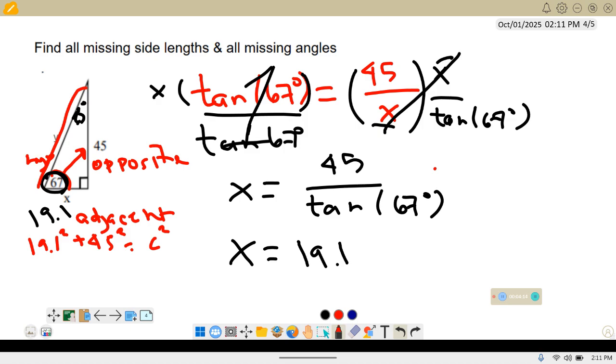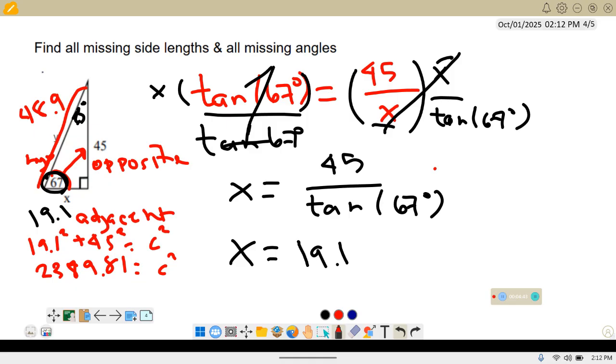So 19.1 squared plus 45 squared gives me a very big number, 2,389.81 equals c squared. And then take the square root of both sides. And I get 48.9. So my hypotenuse is 48.9.